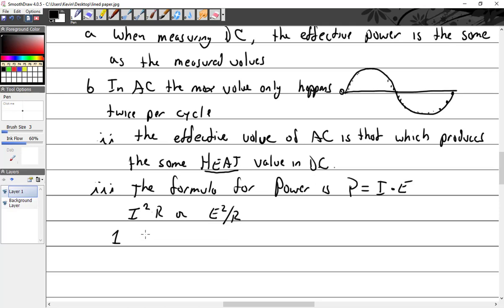Therefore, the heat produced is proportional to the square of the current. I shouldn't even go there.